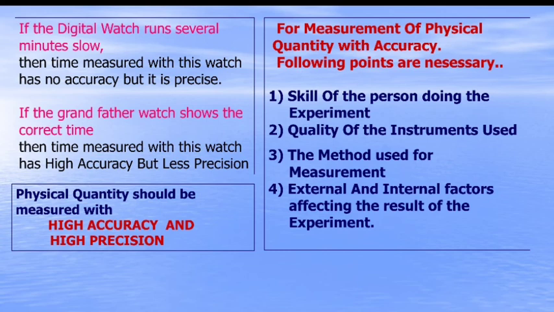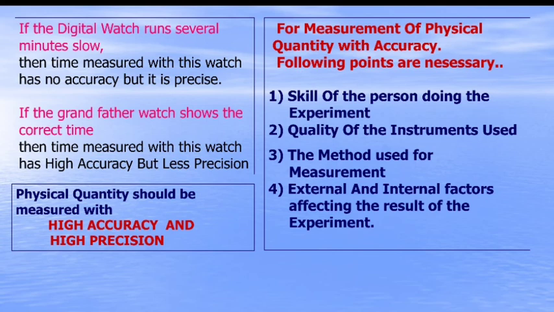So, dear friends, in precision, it depends on the least count of the given instrument. If you are taking the vernier calipers, then the accuracy and precision is given by the least count of the vernier calipers, 0.01 centimeter.